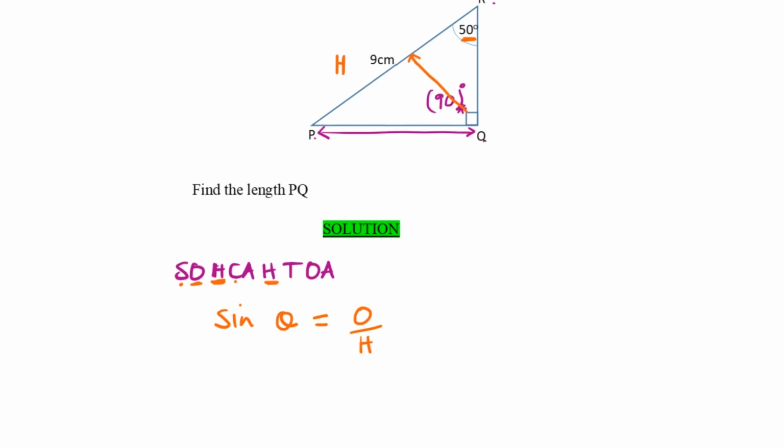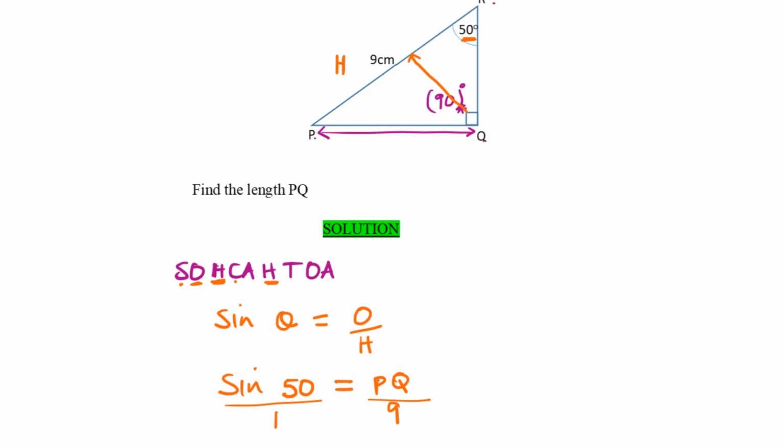We can proceed. Sine 50, the angle is 50, we are given 50 degrees, is equal to the opposite, in this case PQ, because that's the opposite of angle 50, over the hypotenuse, which is 9. From there we know that sine 50 is over 1.